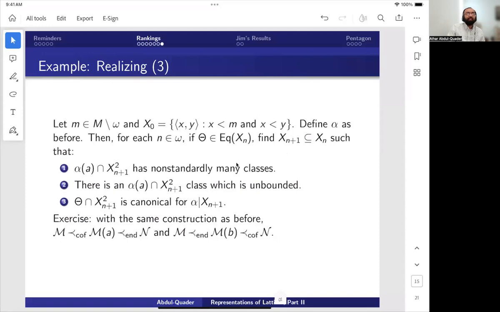With that same construction, you can make sure that M is cofinal in M of A, and N is an end extension of M of A. And then you get this interesting property that M of B is an end extension of M, and N is a cofinal extension of M of B.